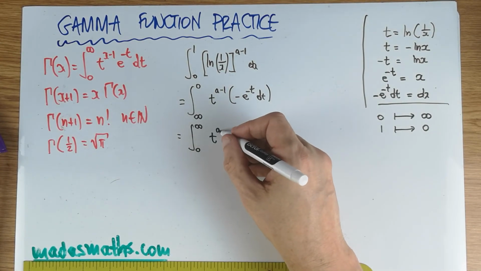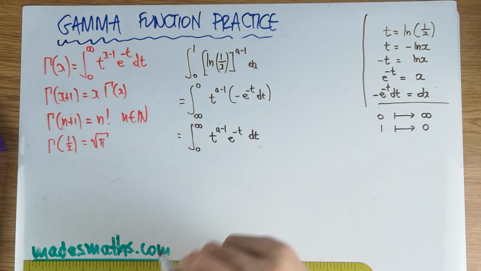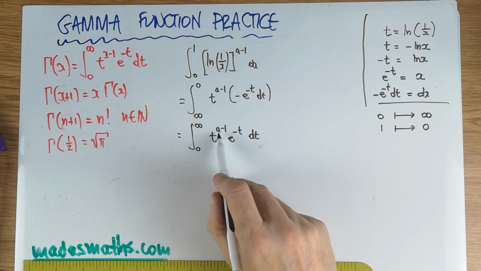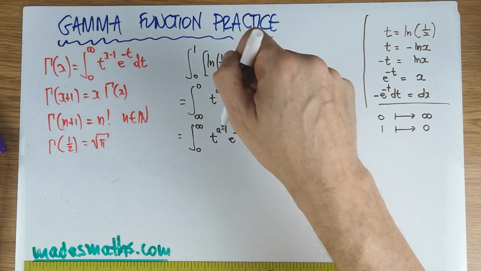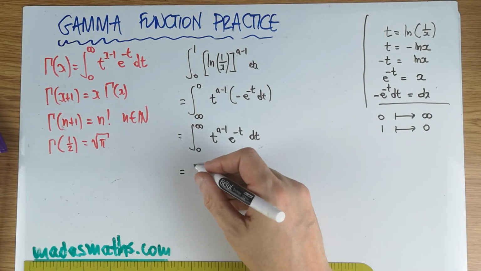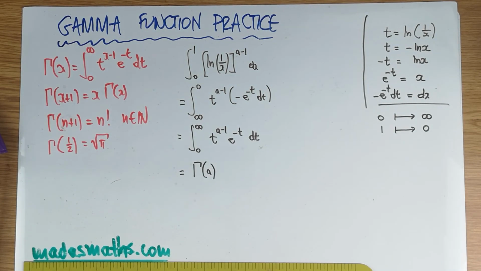And we have t to the a minus 1, e to the minus t, which is just the gamma definition. If you look at the definition, it's exactly the same thing. It's just that the x is replaced by a. So this, in fact, is the gamma of a. Okay, and I don't think there's anything else to do with this particular question.